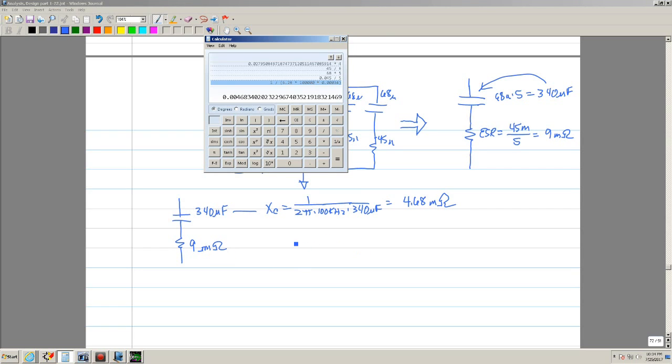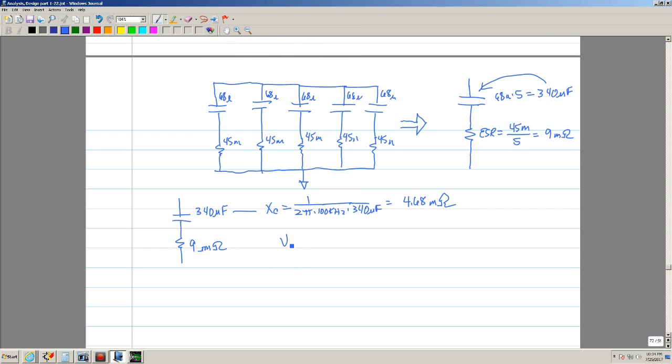So now we can say V ripple is 4 amps times the square root of 9 milli squared plus 4.68 milli squared.